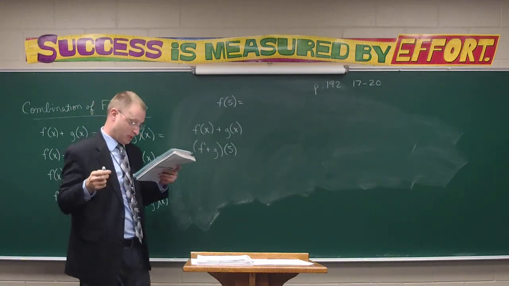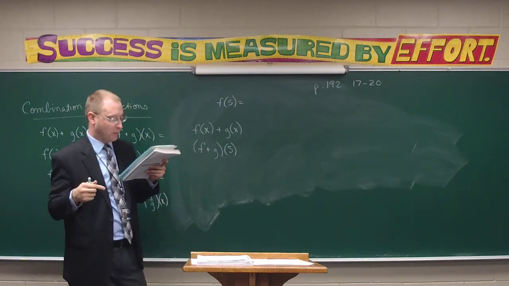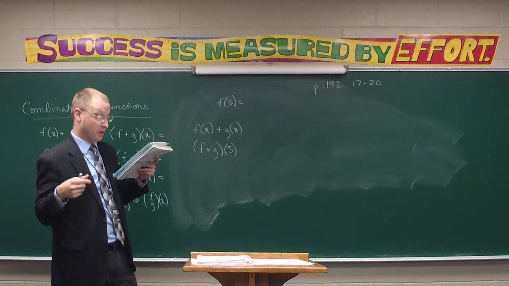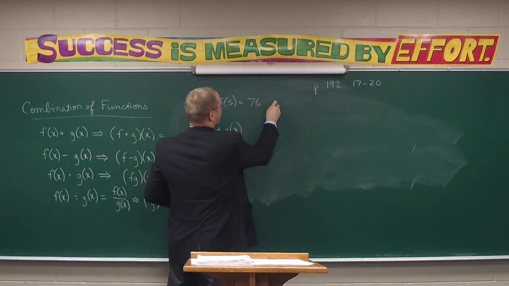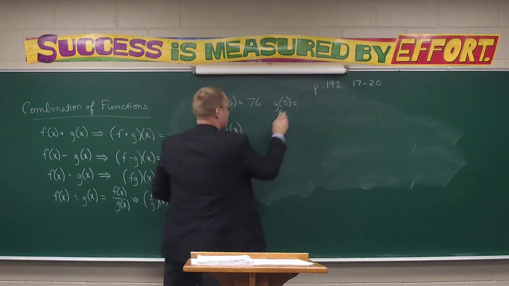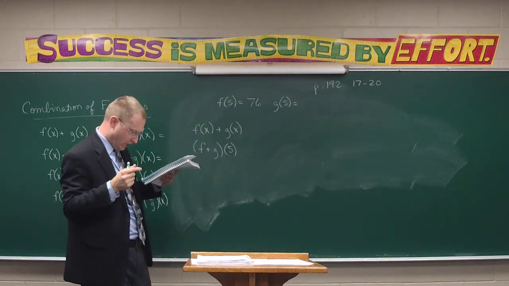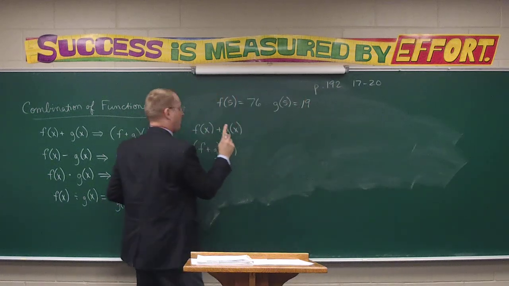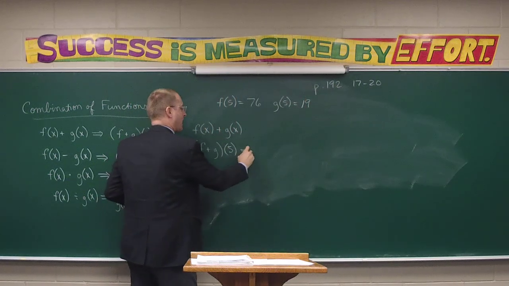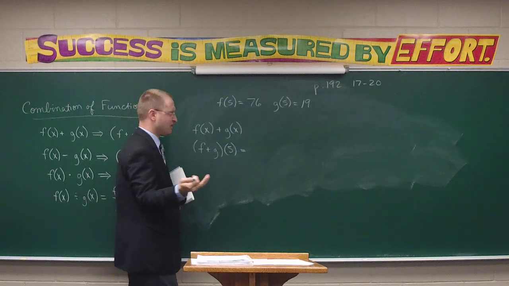And what do we get? That's a big number. What do we get for f of 5, class? 76. 76. And then we also need to evaluate g of 5. And what do we get for g of 5? 19. 19. Okay, so what is f plus g of 5? Well, that's going to be 76 plus 19, class.